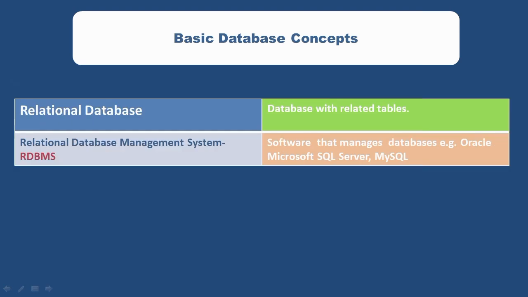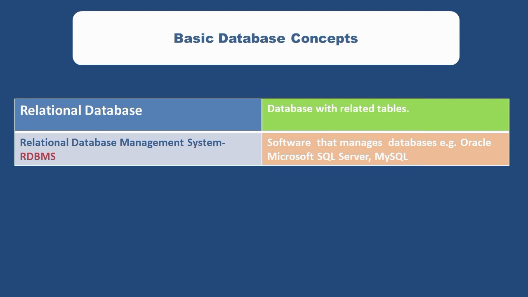There are two other concepts I want to illustrate with you. We've got the relational database. A relational database is a database with related tables. Also, we've got the concept of relational database management system. It's referred to as RDBMS for short.